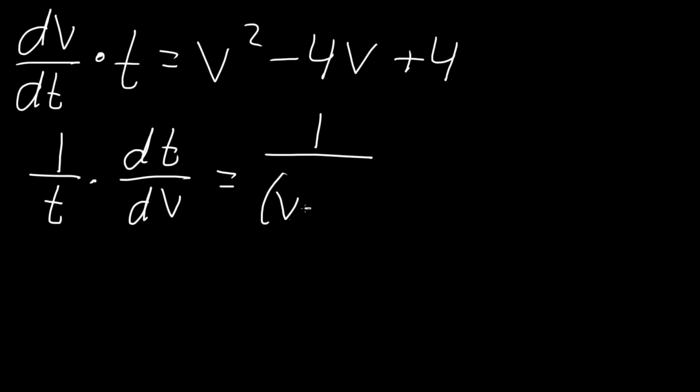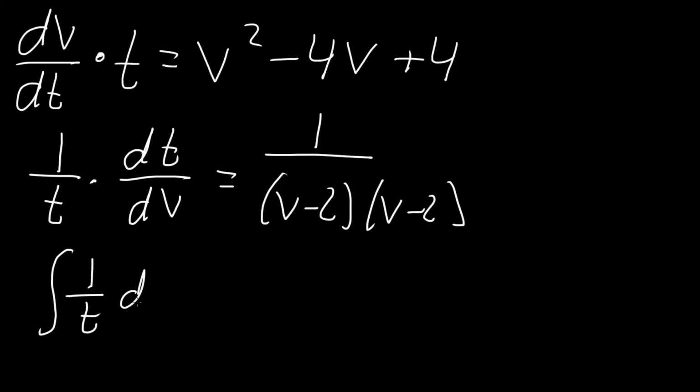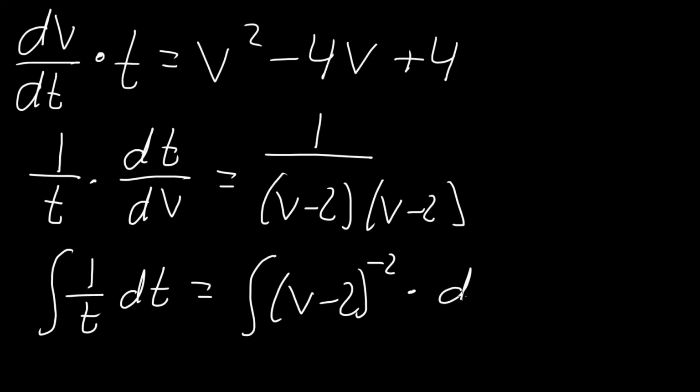So we can get v minus 2 times v minus 2, like this. And next we will say the integral of 1 over t dt is equal to the integral of (v minus 2) raised to negative 2, it's equivalent to this, times dv.